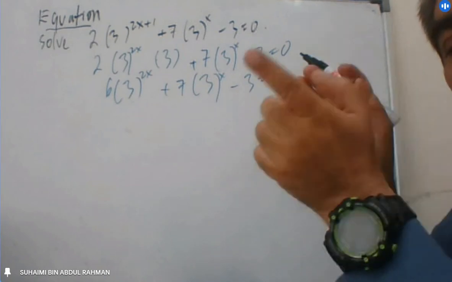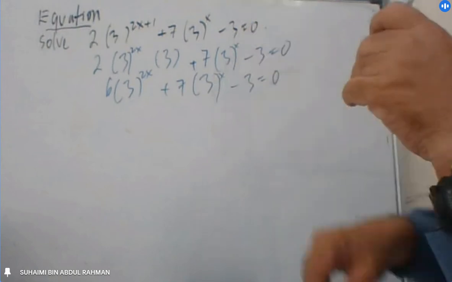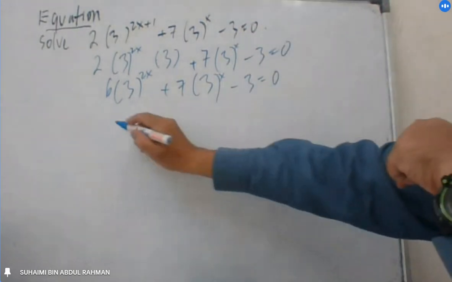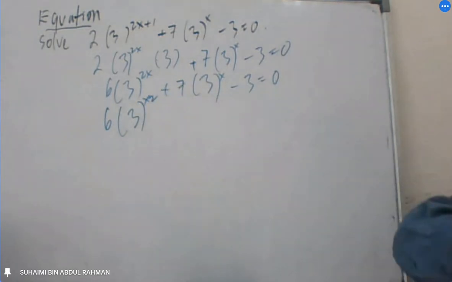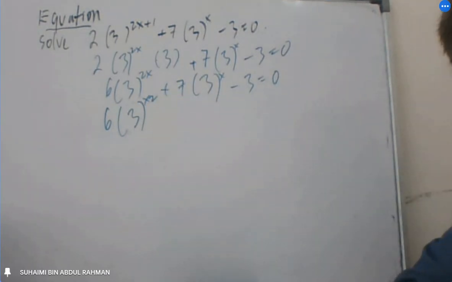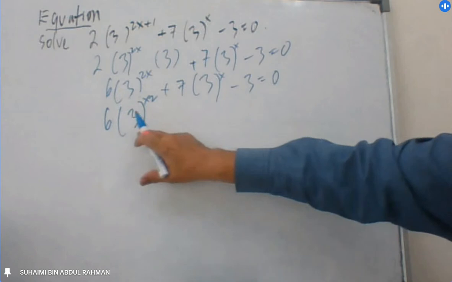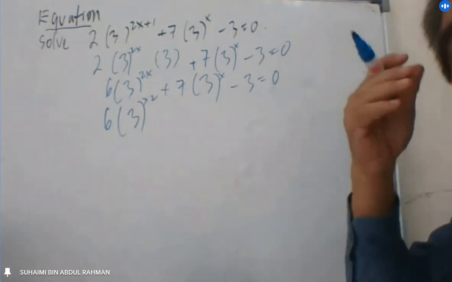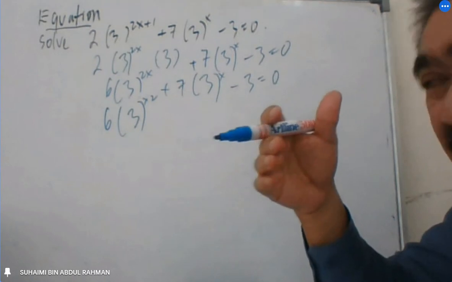You forgot one step before. First, before you change, you have to change this. Then you can change 3 to the power of 2x. Understand?